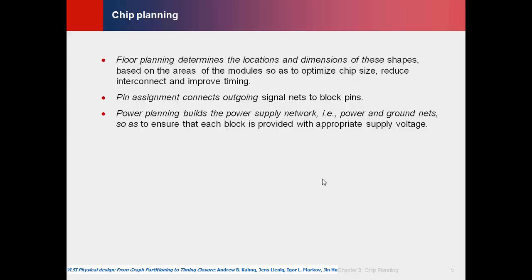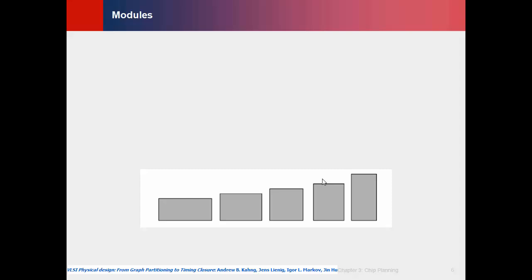We know that all modules need a power line and a ground line, and they have to be routed so that the VDD reaches the blocks without degradation. And the results of partitioning and the chip planning phase greatly affect the subsequent design steps.